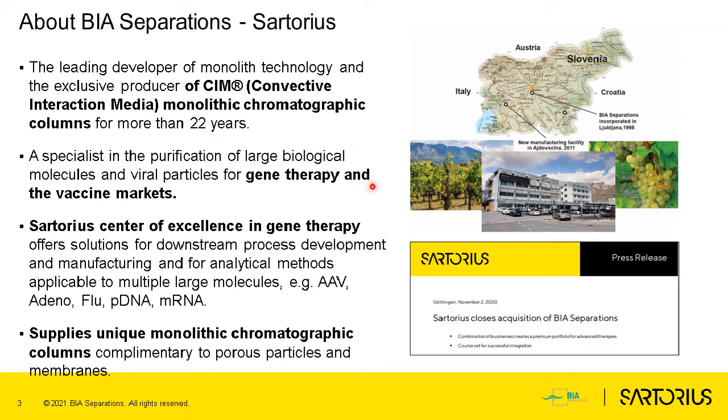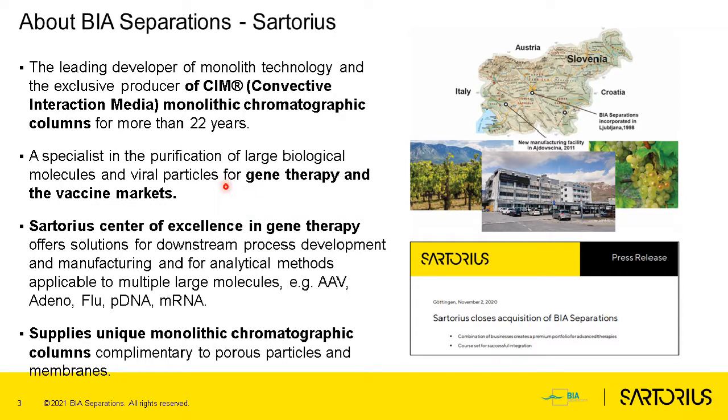BIA Separations has been acquired by Sartorius at the end of the year 2020, so we are under the Sartorius umbrella now for more than a year. Since the very beginning, more than 22 years ago, we directed our efforts to serve the gene therapy market, which means we were looking for better suited products and methods to deal with viral particles, plasmid DNA, and recently also mRNA.